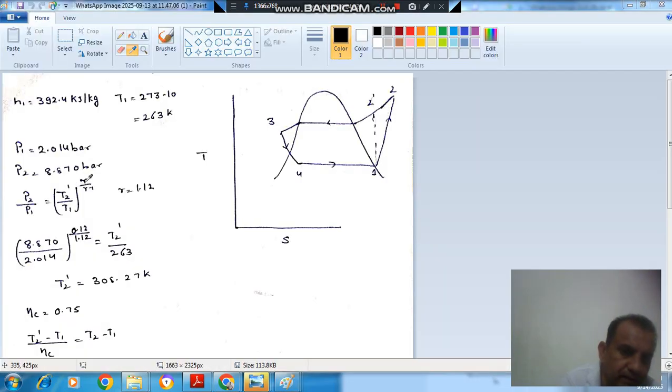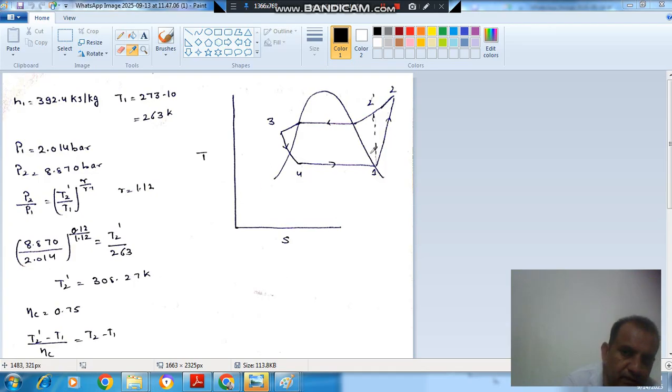So now the expansion index is given as 1.12. Between 1 and 2 dash there is an isentropic process. So T2 dash by T1 is equal to P2 by P1 to the power of (n minus 1) by n, the Rayleigh relation. From this we can find out T2 dash, which comes out as 308.27.